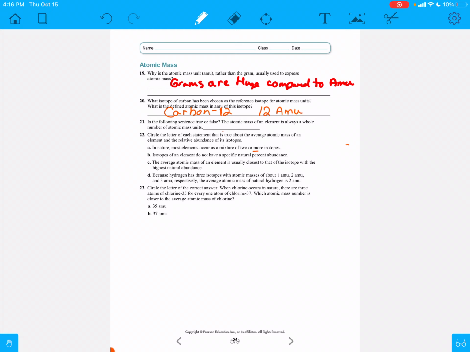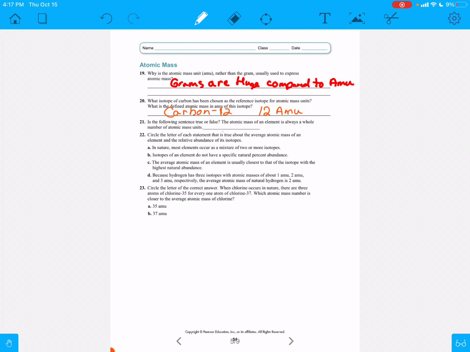That is our standard for reference or comparison for all the other elements. It's a good one to use: it's relatively abundant, easy to identify, and easy to mass. Long story short, we could get into the details, but let's move on.